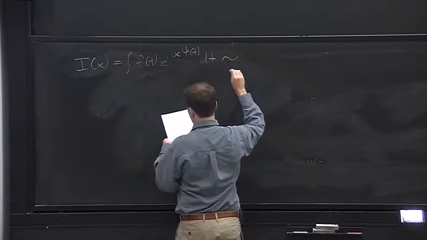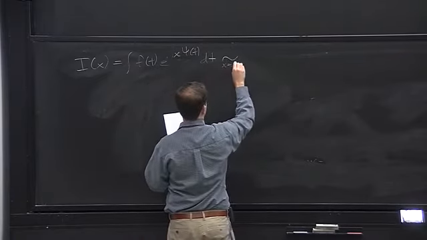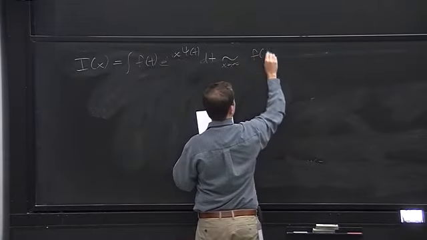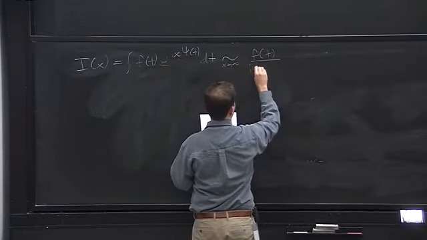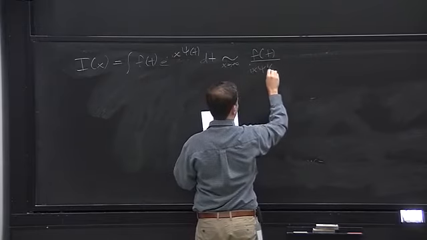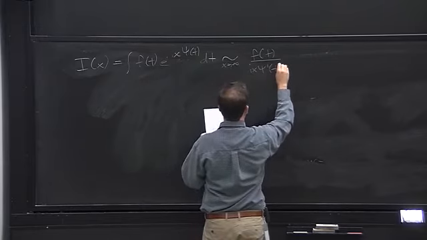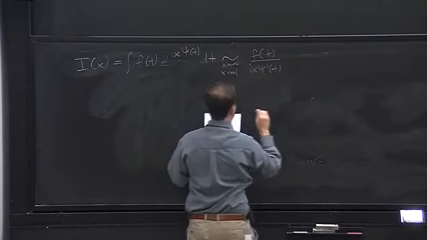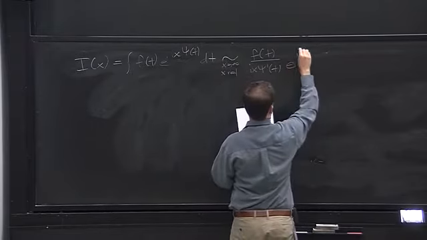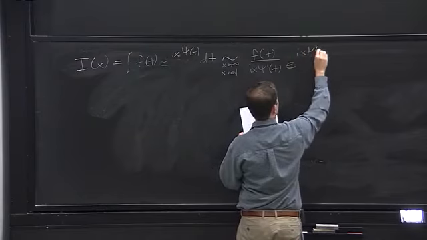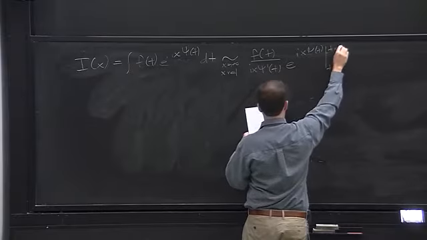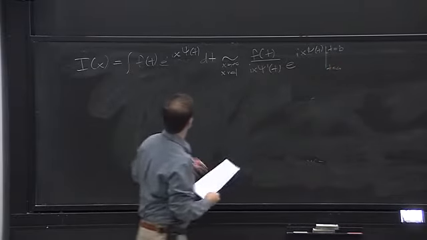It's asymptotic as x goes to infinity to f over i x psi prime, times e to the i x psi of t, evaluated at the endpoints.